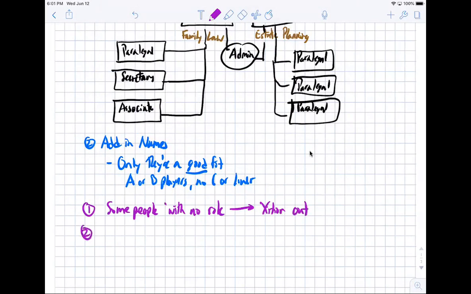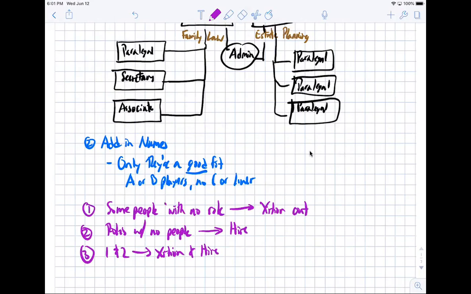The second thing that might happen is we have some empty roles. So roles with no people, in which case we need to hire. And it oftentimes happens that we have 1 and 2, which means we need to transition some people out of the organization and hire others. Okay, so that's the ideal org chart.